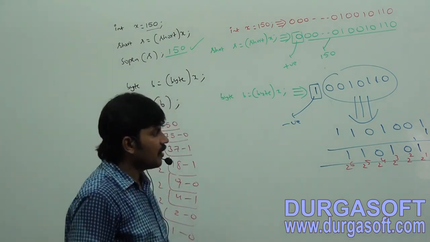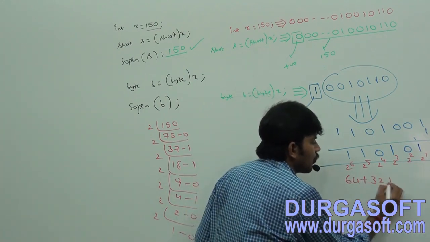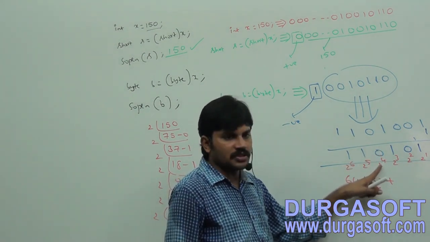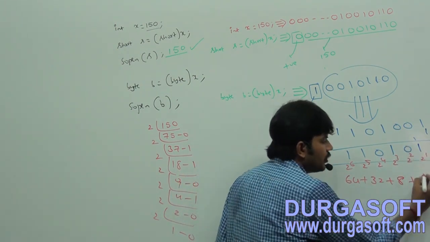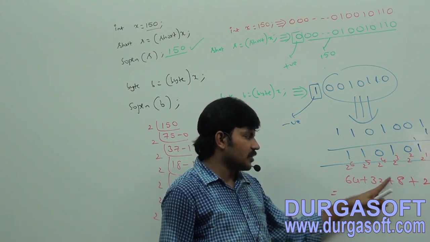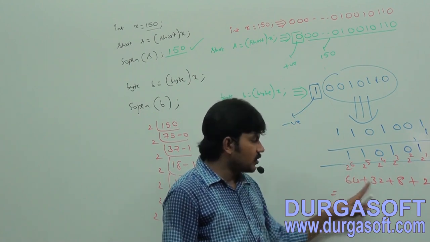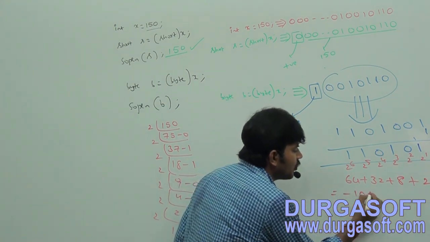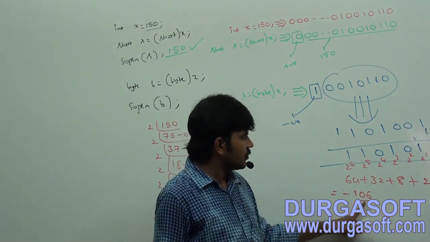What is the value of 2 power 6? 64 plus 32 plus 0 into 16, 0 into 16, 1 into 2 power 3 is 8, 0 into 4, 0, 1 into 2, plus 0. 32 plus 8 is 40, 40 plus 64 is 104, plus 2 is 106. So the value is minus 106. Correct, right?